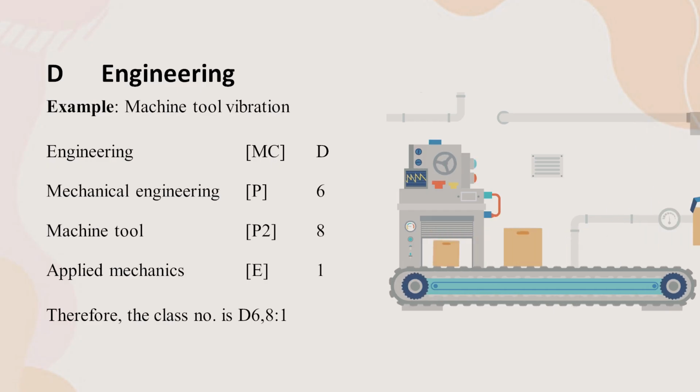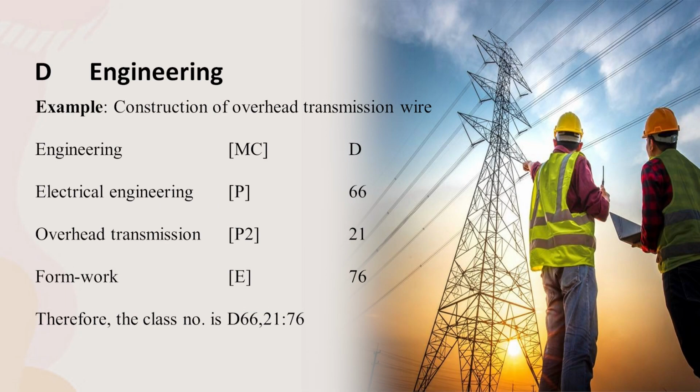Therefore, the class number will be capital D6,8:1. Again, similarly, we get the colon number for the title construction of overhead transmission wire: electrical engineering, and then overhead transmission from the second level personality, then formation work from the energy facet. Therefore, the class number will be D66,21, then the formation work is colon 76 from the energy facet.